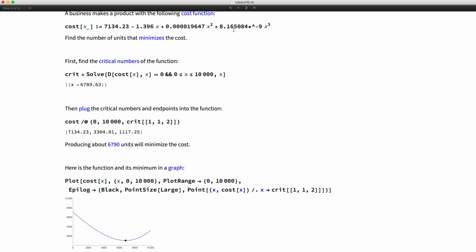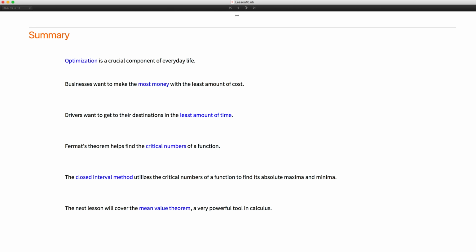So that's the end of this lesson. Let's summarize. We certainly realize that optimization is a crucial component of our lives from day to day. Different people will use it in different ways. For example, businesses will want to make the most money with the least amount of cost, while drivers might want to reduce the time that they take to go from one place to another.